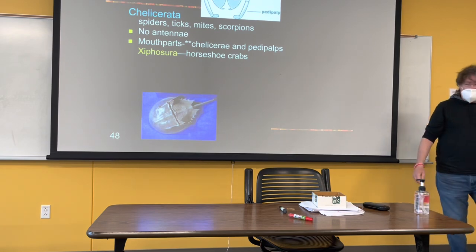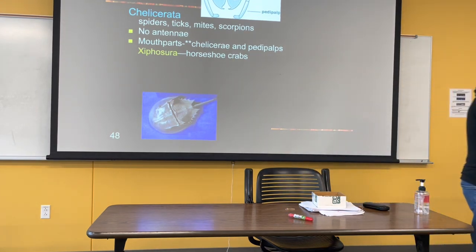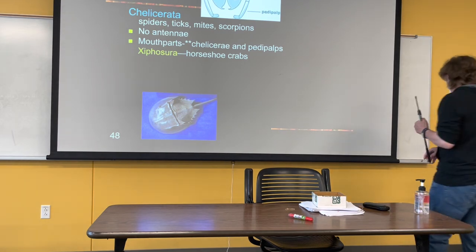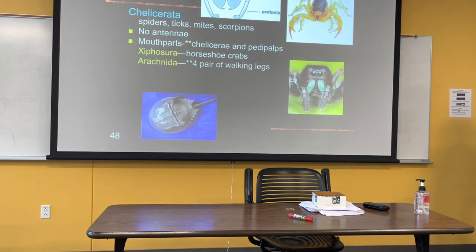One group, these are horseshoe crabs. They're chelicerates. So that's coming off of the Chelicerata. Their body form has not changed much since the early Paleozoic.